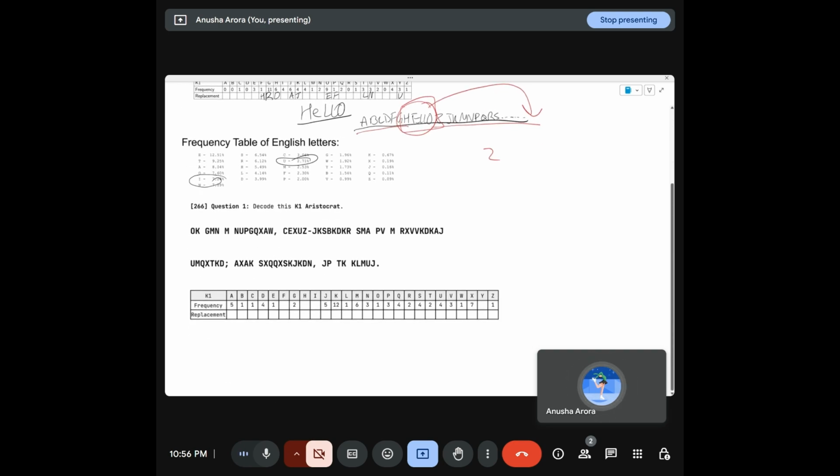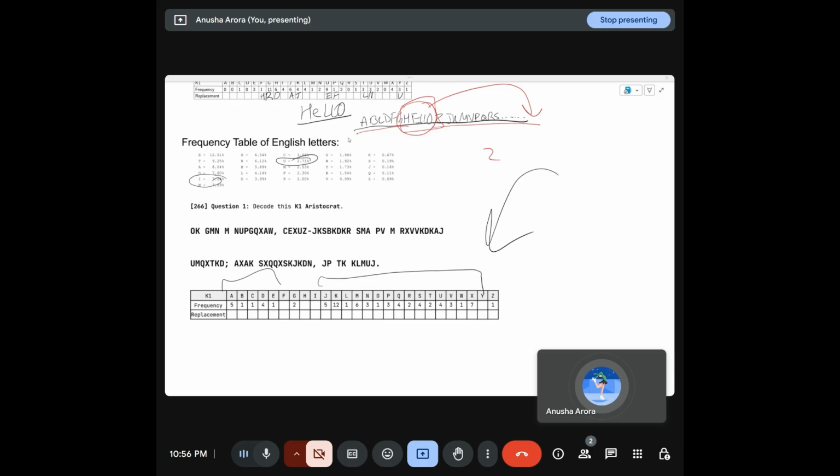So last but not least, like always, feel free to pause this video right here and solve this K1 aristocrat by yourself. Obviously the keyword can only really be in two spots. It's either going to be somewhere there or somewhere there.